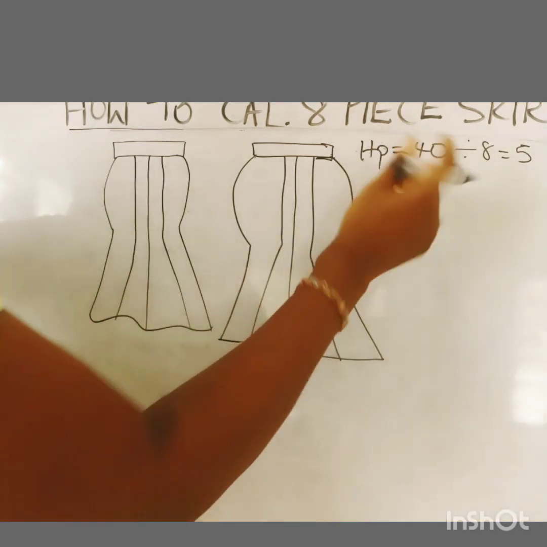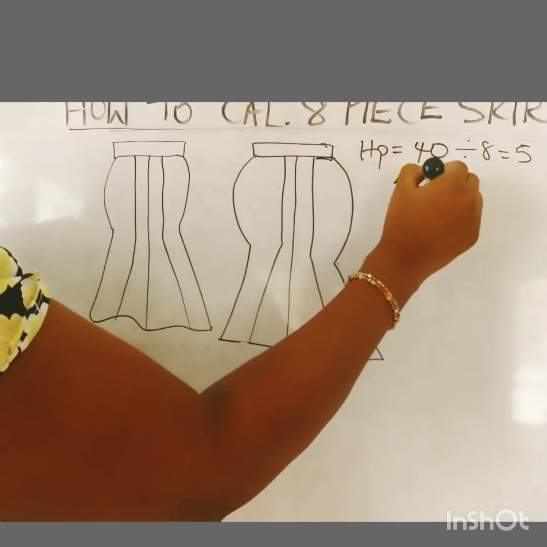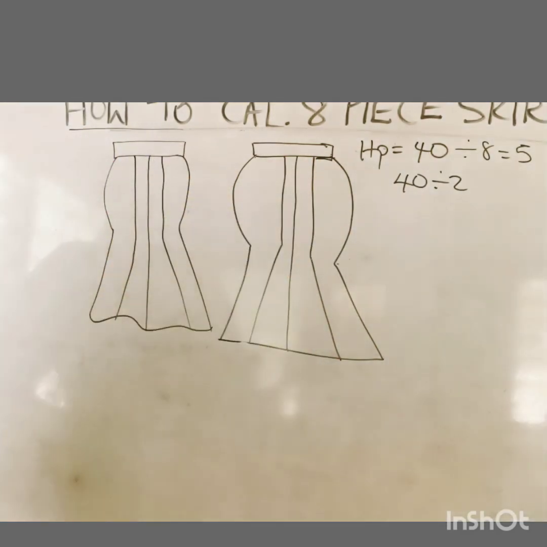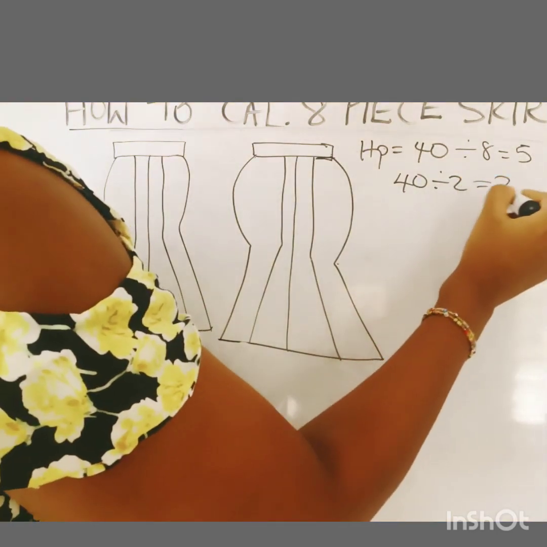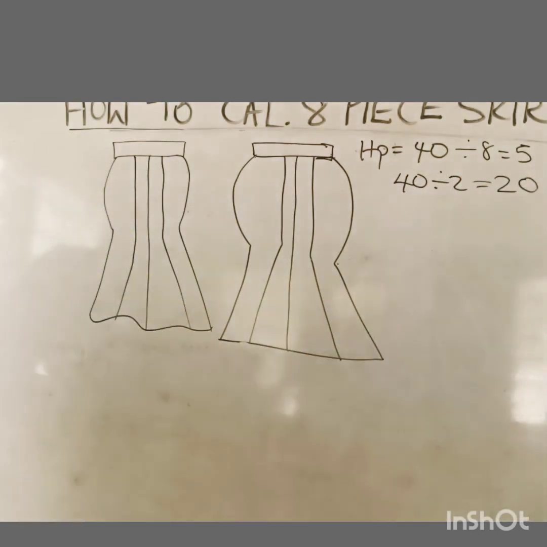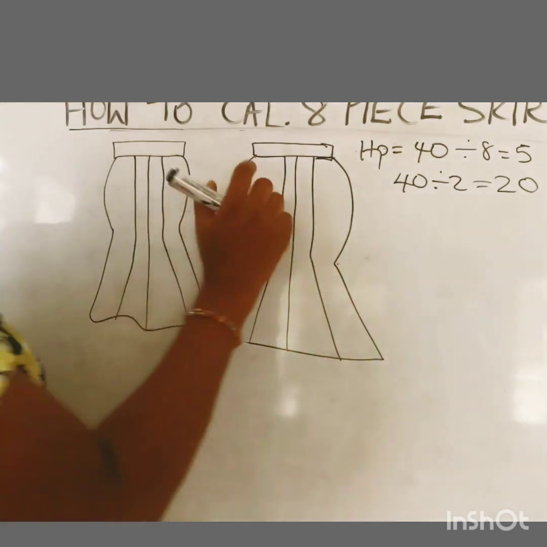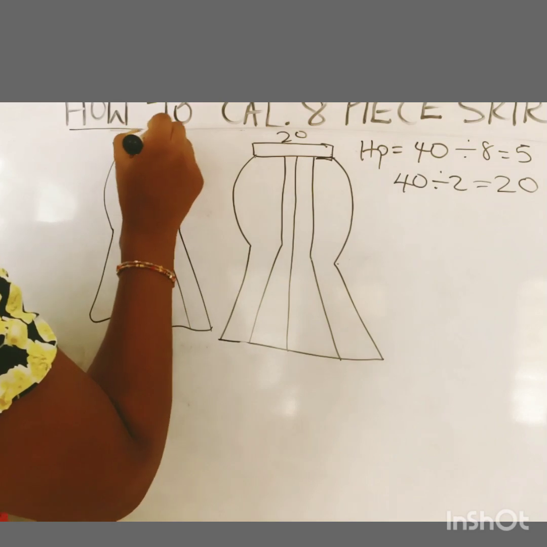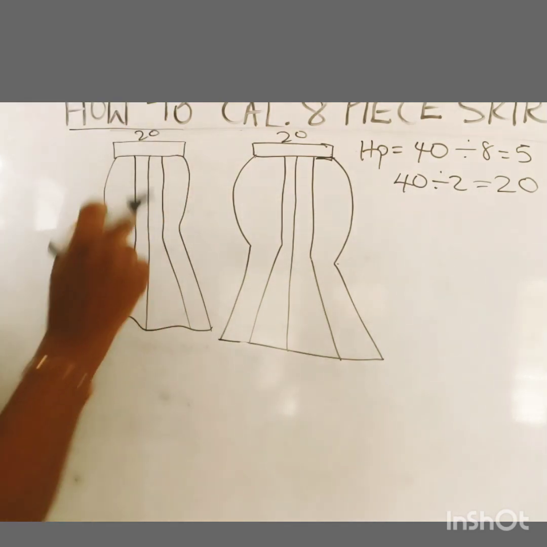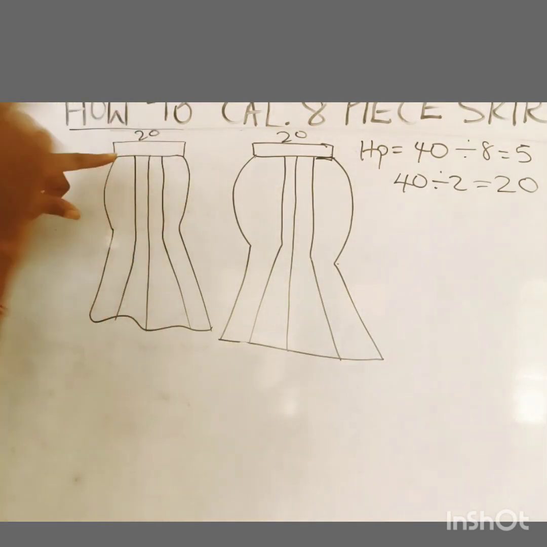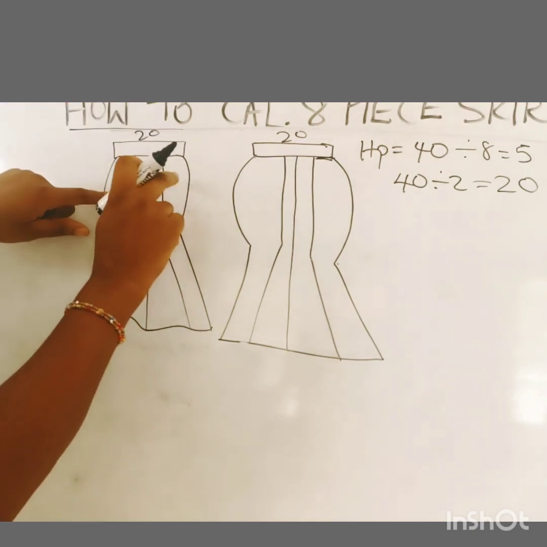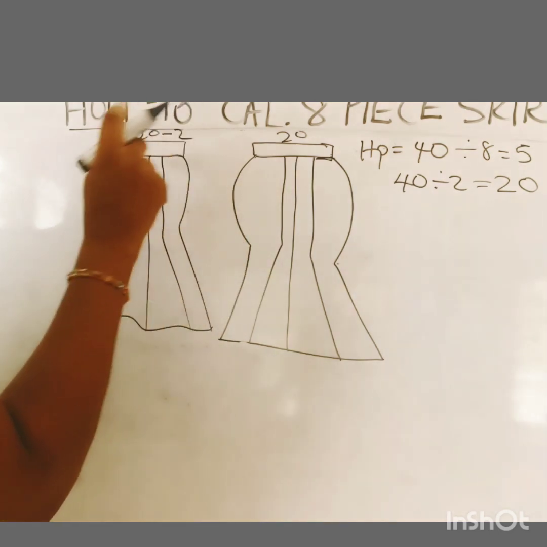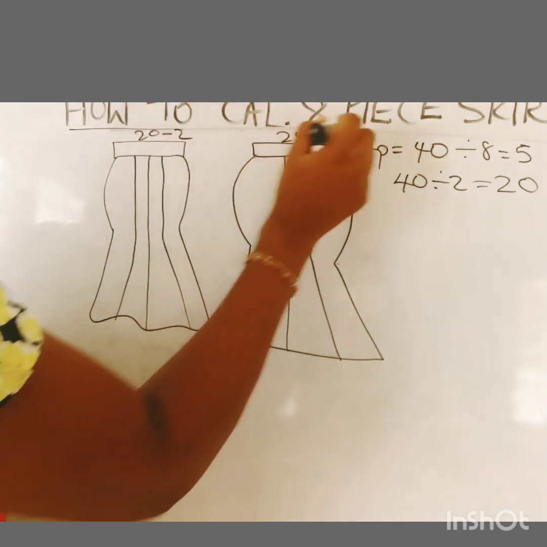Now this 40, first of all, you are going to divide it by 2 to have the front panel and back panel. So 40 divided by 2, you have 20 inches. Now because of the bum, we are not going to make it 20. Instead, we'll subtract 2 inches from the front and add 2 inches to the back.